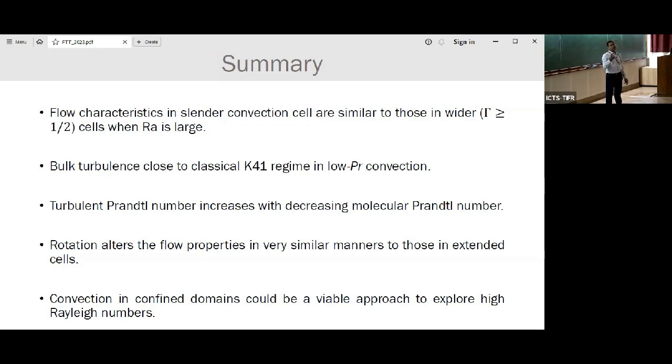So probably you will have all kinds of exponents which you observe in wider domains. For low Prandtl numbers, the Nusselt number exponent is around 1/4 or 0.27. For Prandtl number 1 or larger, you will have 1/3 scaling. I hope so. So large Prandtl numbers compact somewhat together, and small Prandtl numbers together.